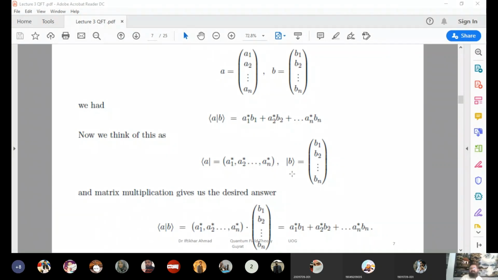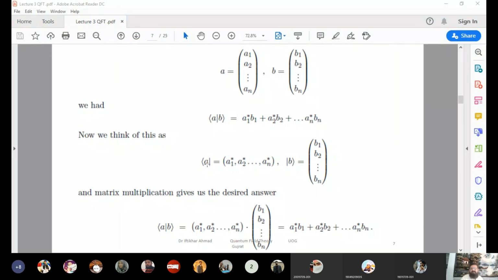So the next one is, what is the name of this notation? This is ket. If you put the vertical bar before the vector and then the bracket, this representation is called ket, and this representation is called bra.